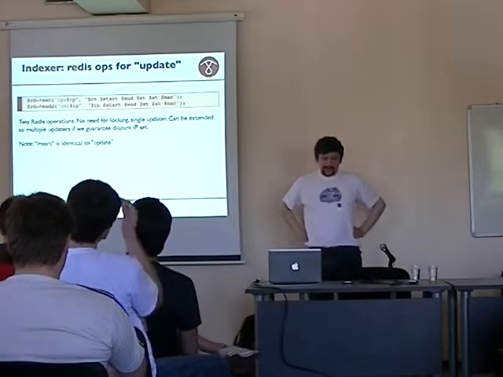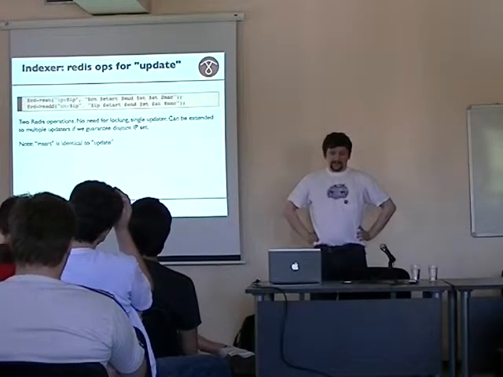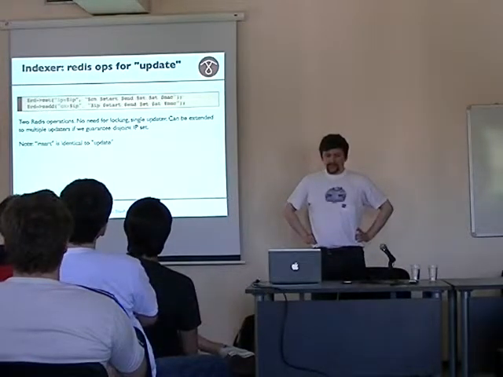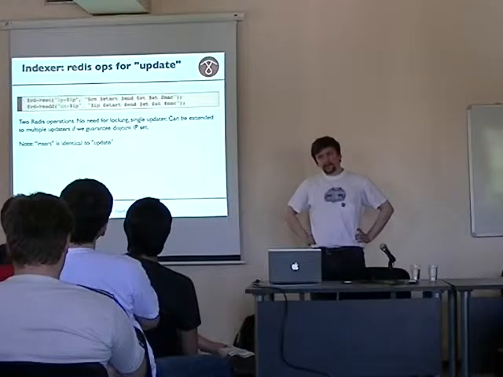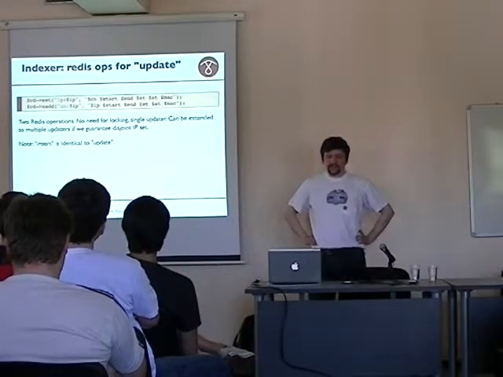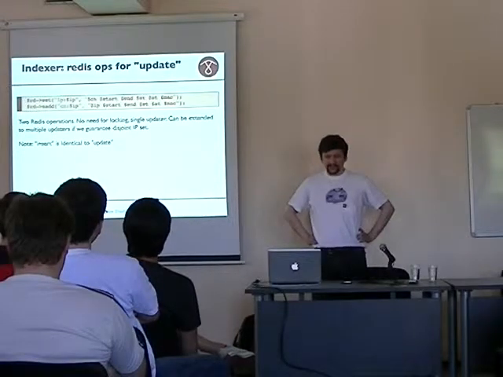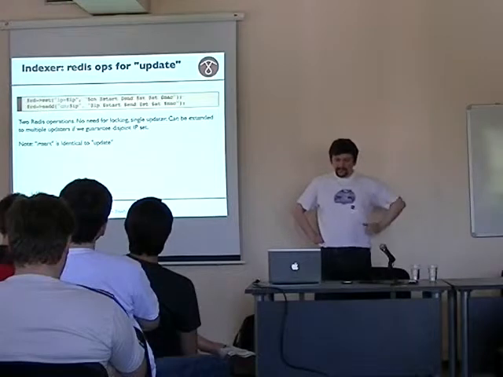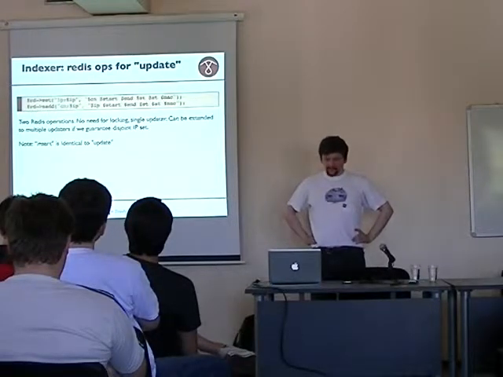So the update is actually two operations, not just one, because we need to modify the current IP data, and then we need to insert that IP into a set for the circuit.